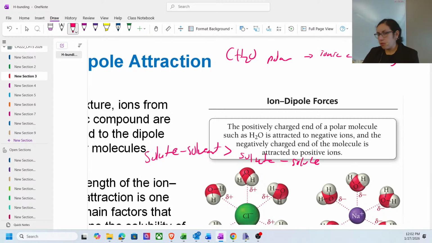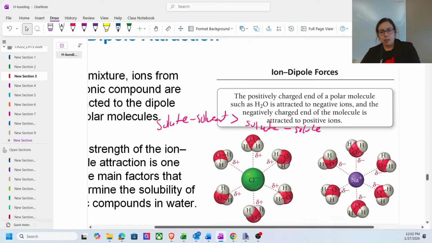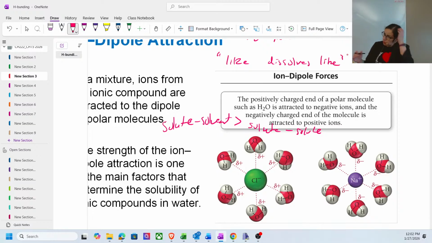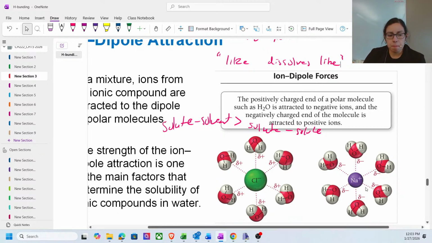Again, those electrostatic forces. This goes into the like dissolves like as well. We've mentioned how hexane is used to clean up oil spills since it's nonpolar, so it cleans up fats that are nonpolar, versus our very polar water, which is able to solubilize our ionic compound here.